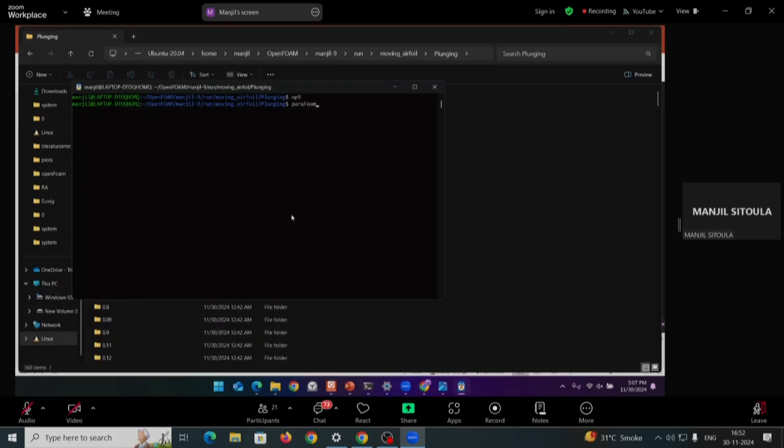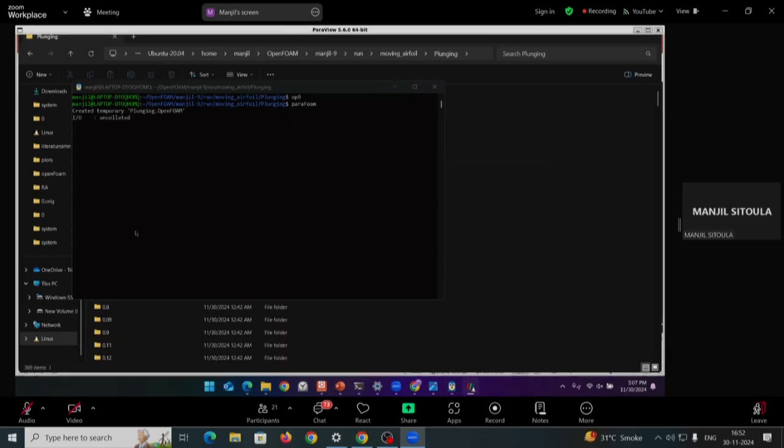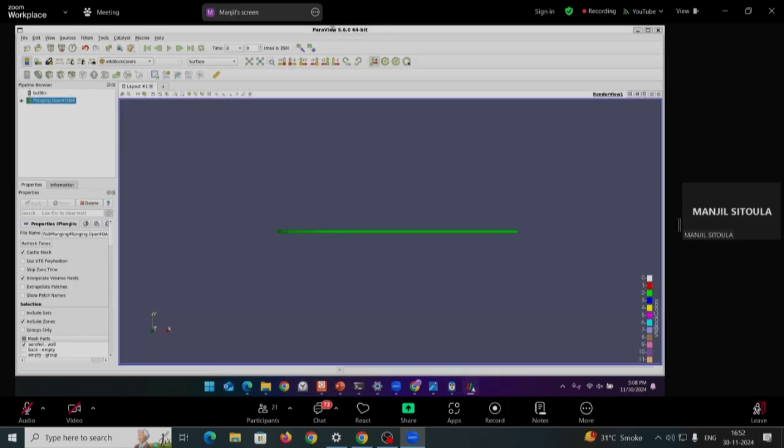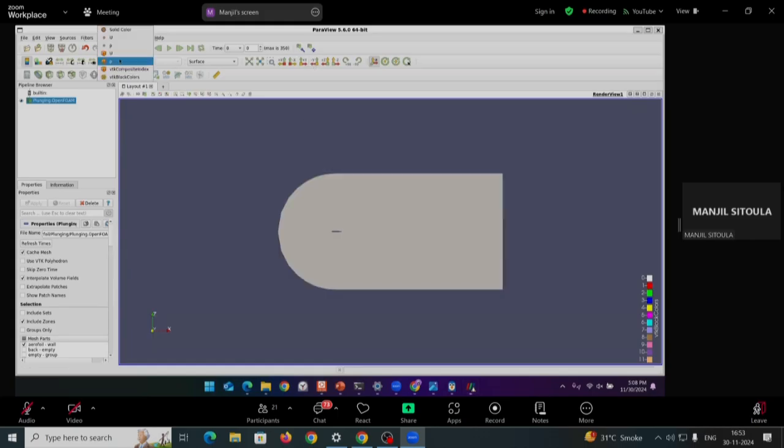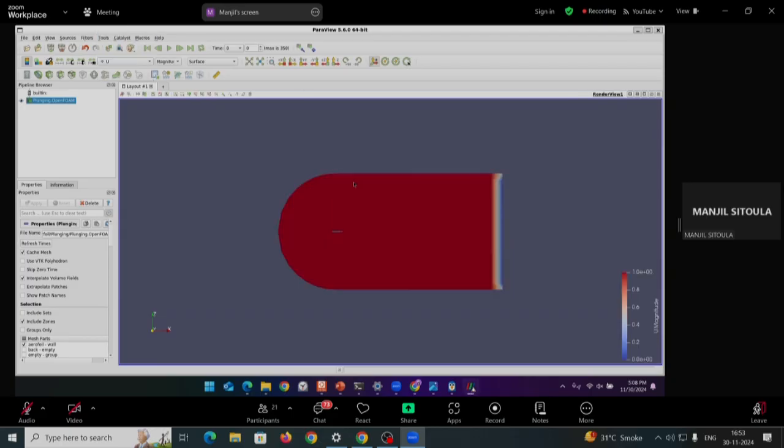I'll be launching ParaView. Let's check out the plunging case. This is our initial condition at time 0. We have just 1 meter per second in the internal field. This is the case that is being shown.